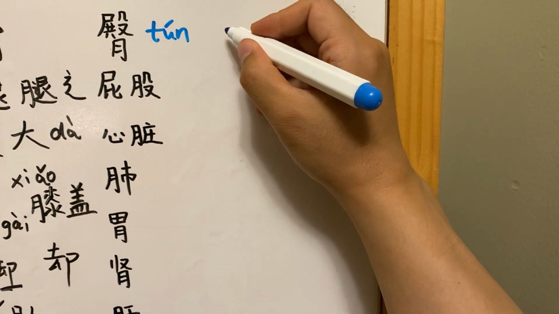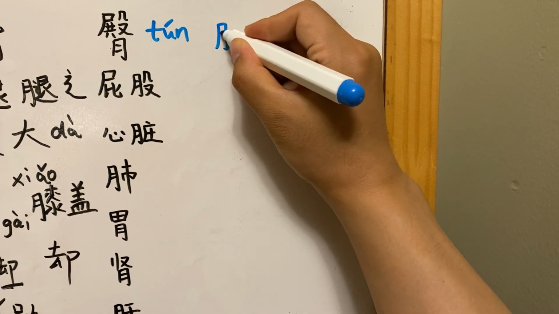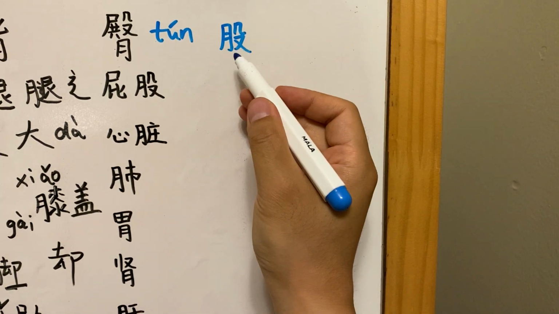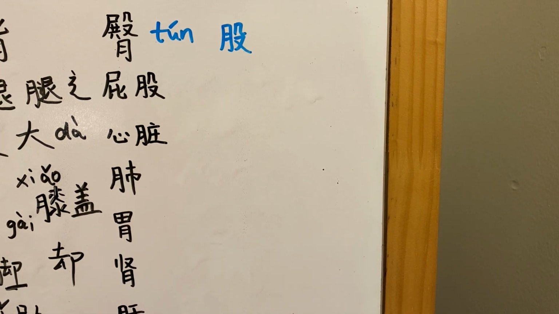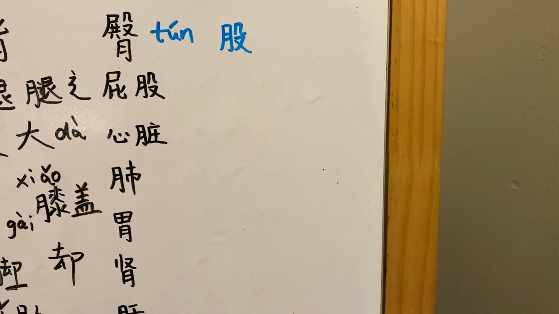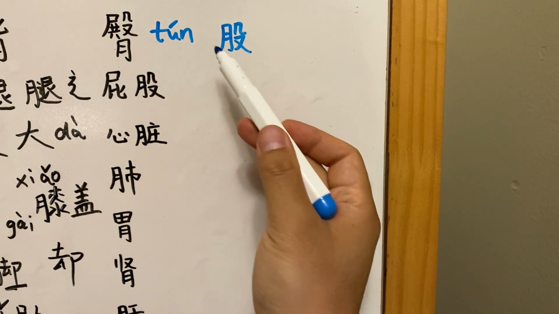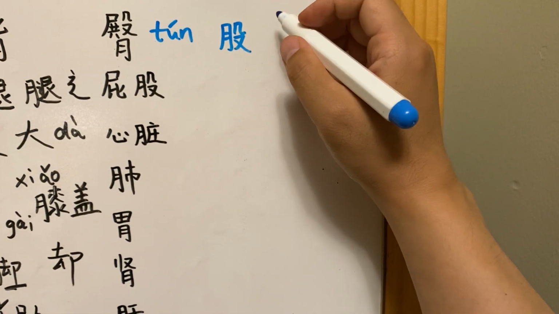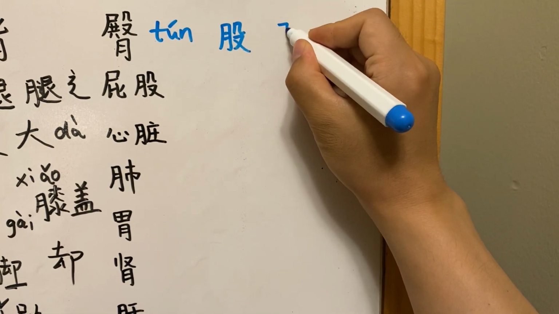Or 骨 is also 臀. This is ancient Chinese. It means your butt. And this is also a formal written language, 臀. 臀 and 骨 both mean your butt. And this 臀 is written like this.